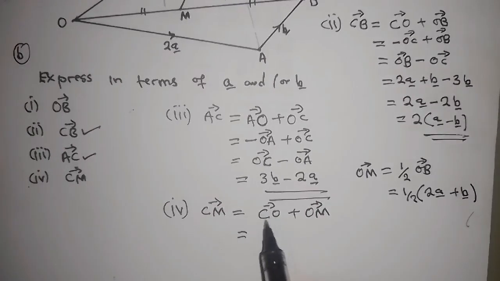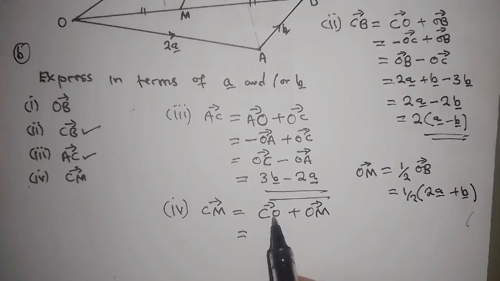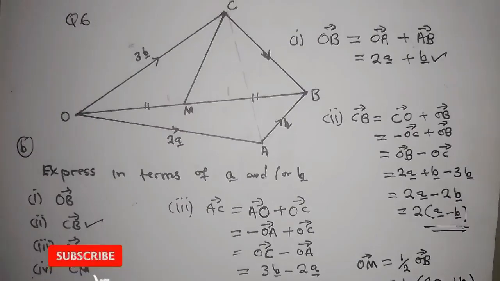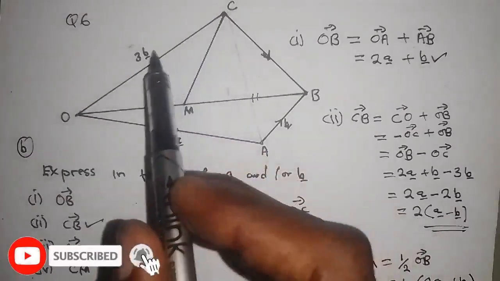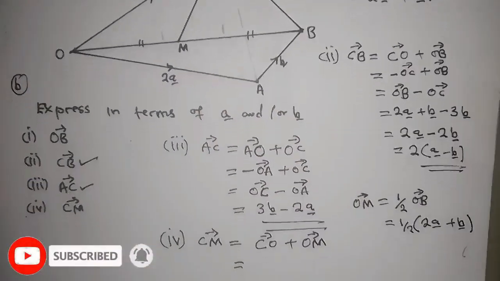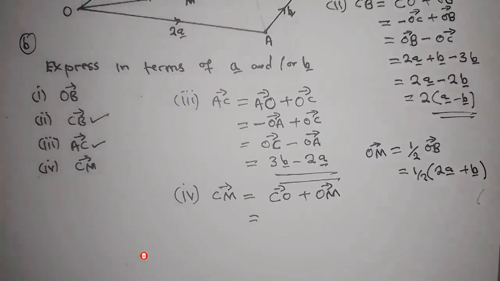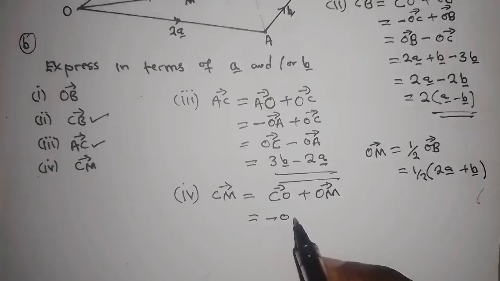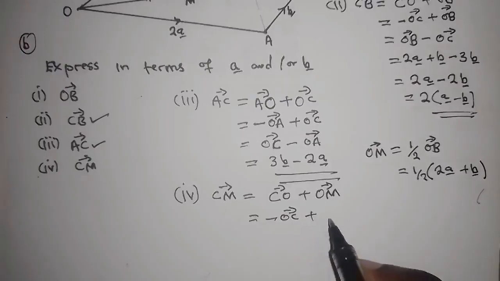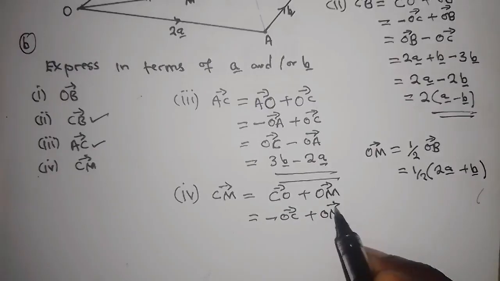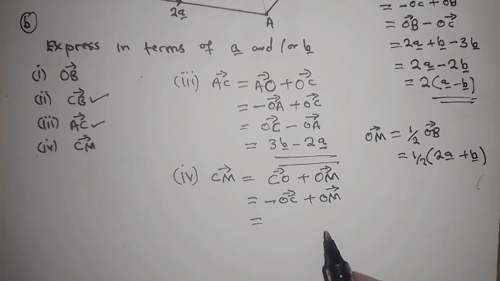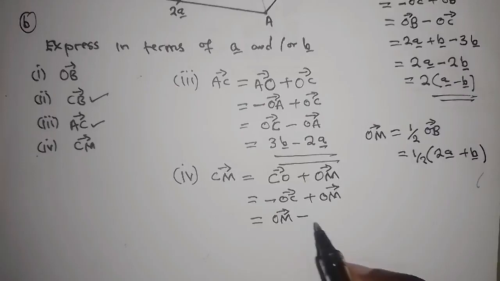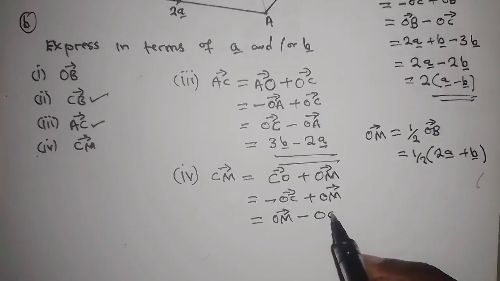Now again, look at the direction in which you have moved, CO. But what we have in the diagram is OC as a normal direction. So we have to reverse what is in our formula. This is going to be minus OC plus OM, which can just become vector OM minus OC.